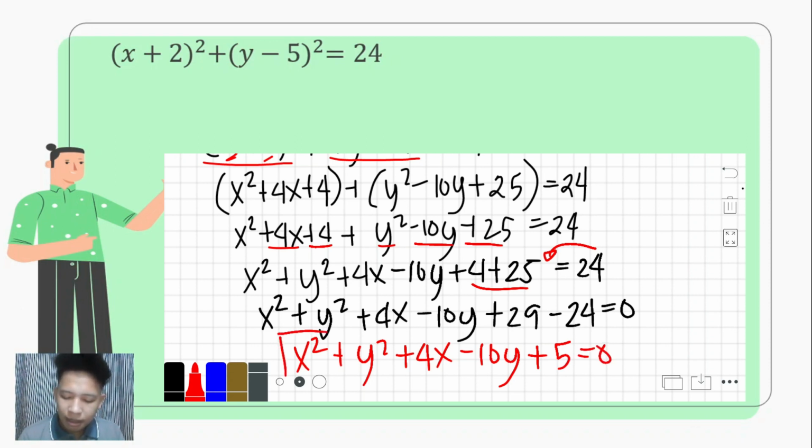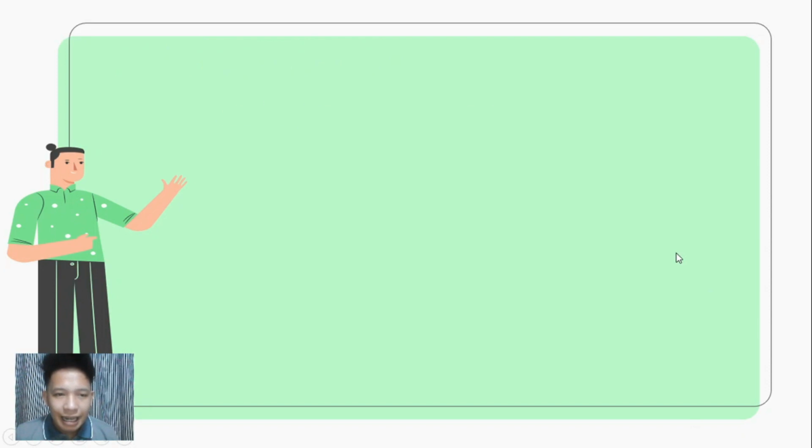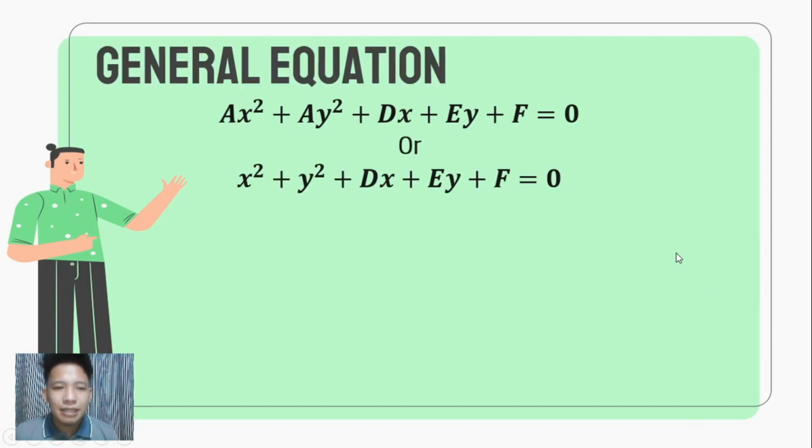So this would be the general form of the equation of the circle, in the sense that your x squared term and y squared term should have the same numerical coefficient. In general, we have ax squared plus ay squared plus dx plus ey plus f equals 0, or x squared plus y squared plus dx plus ey plus f equals 0.